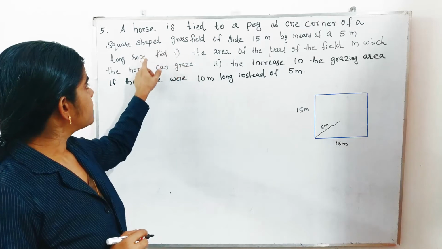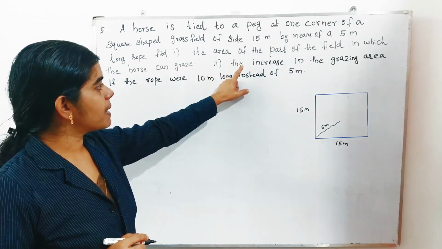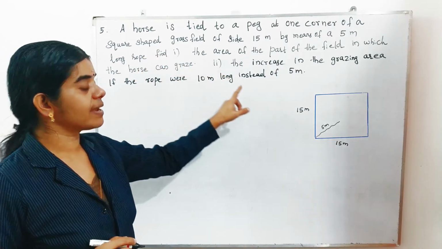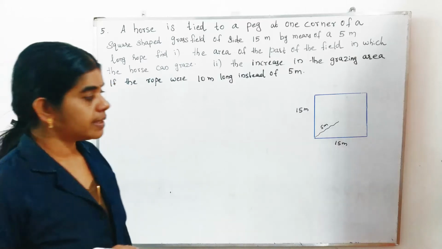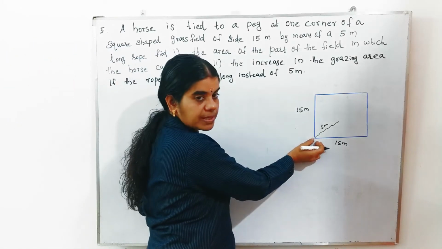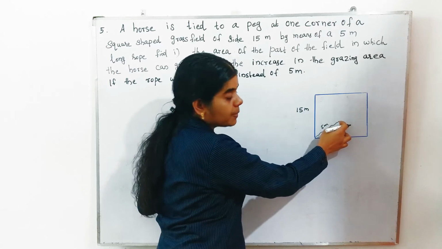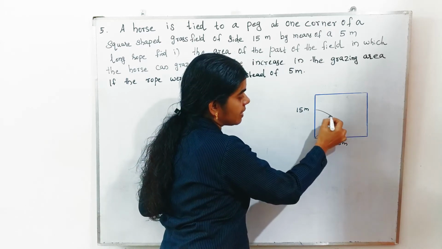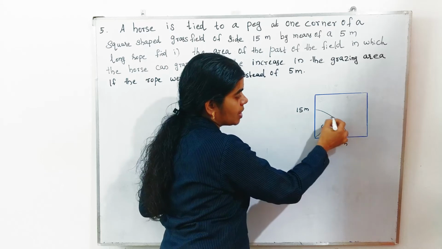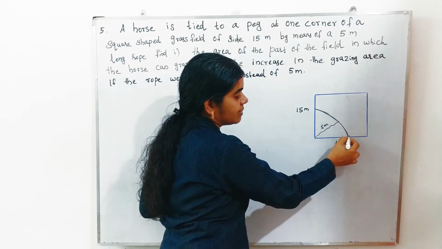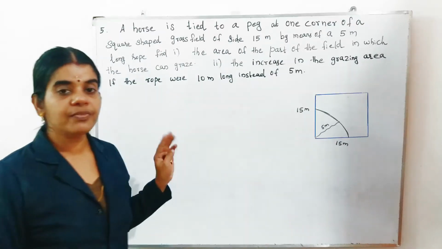Then find the area of the part of the field in which the horse can graze. Then in one corner of the square shaped field, with this 5-meter long rope, how much area can the horse graze? This much area only the horse can graze. Then what will that be?